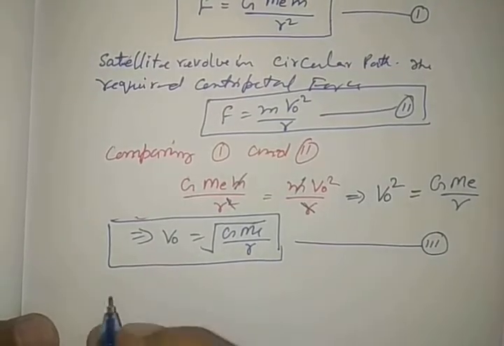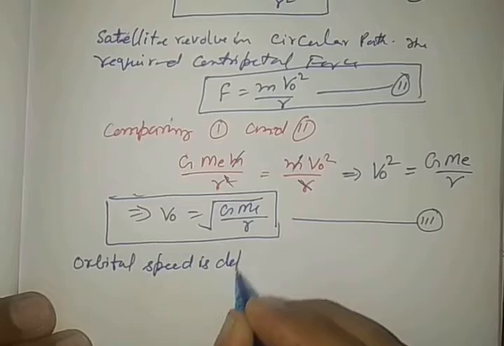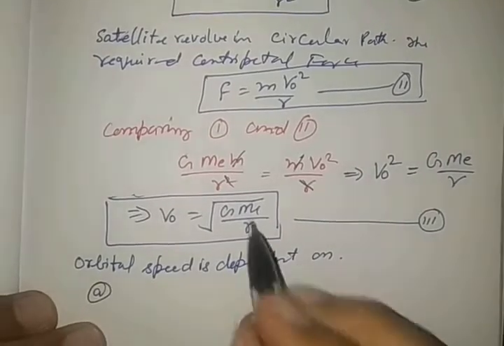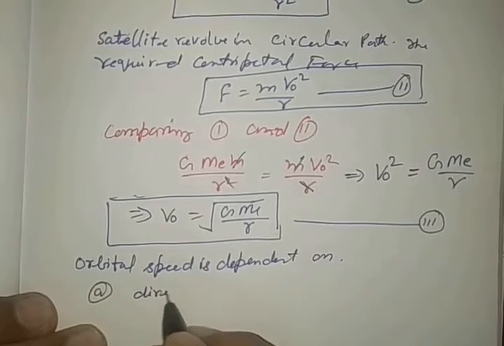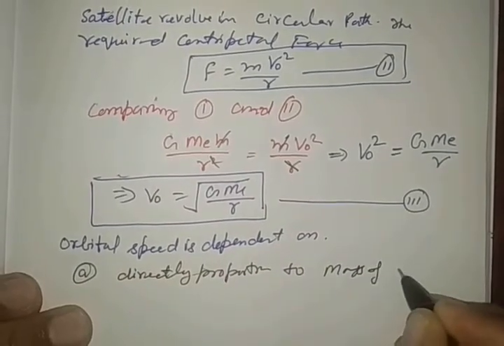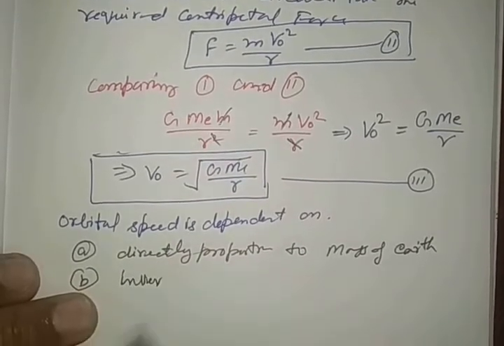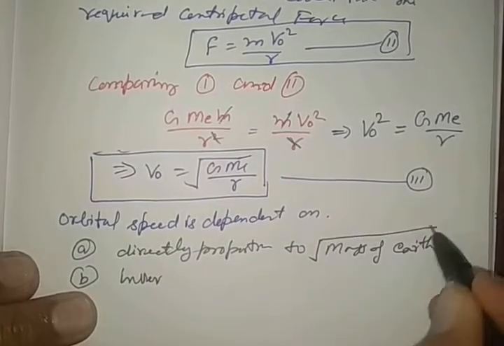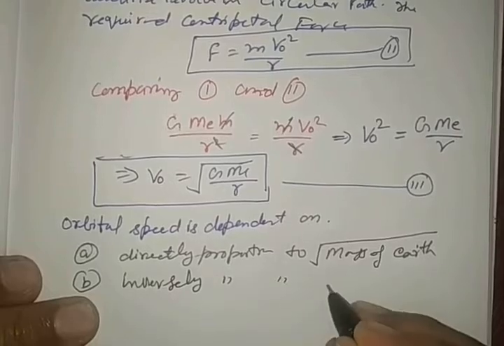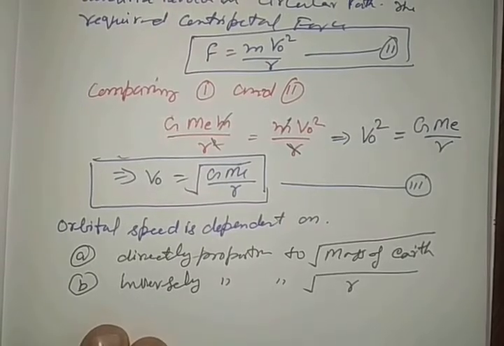By this equation, orbital speed is dependent on, first, A, directly proportional to the square root of mass of Earth; B, inversely proportional to the square root of distance between planet and satellite.